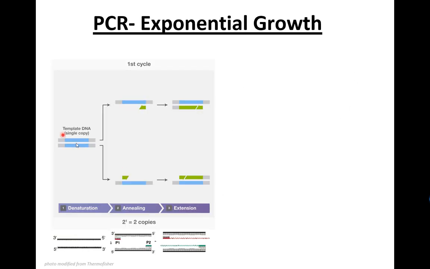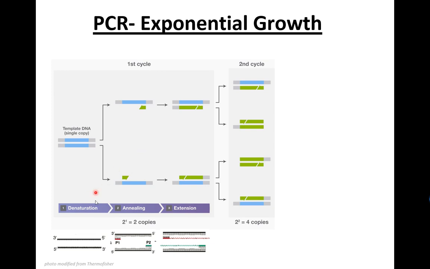So now, thanks to the primers, both strands will be copied into double strand. So in the end, with this one cycle, you would have gone from one copy of target sequence to two, right?